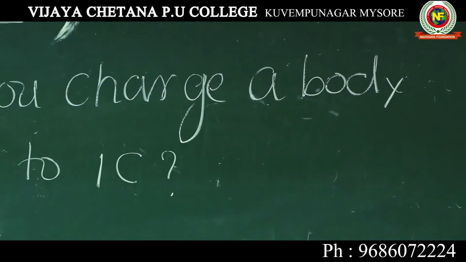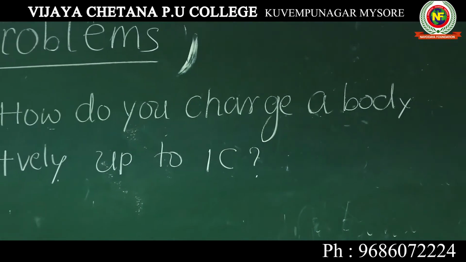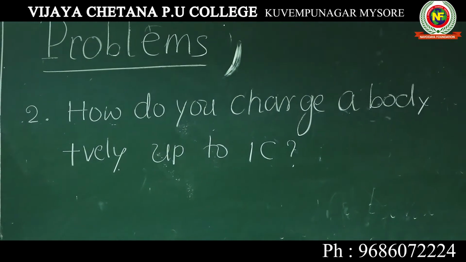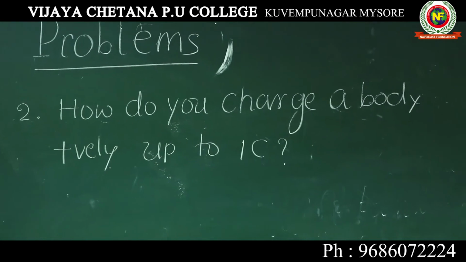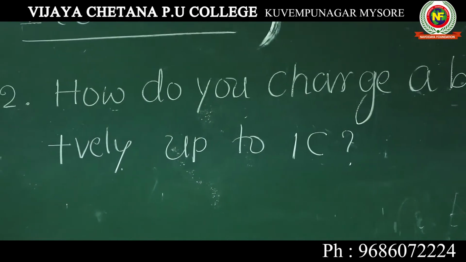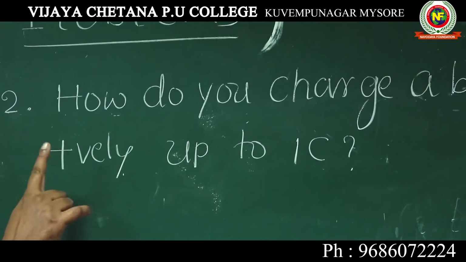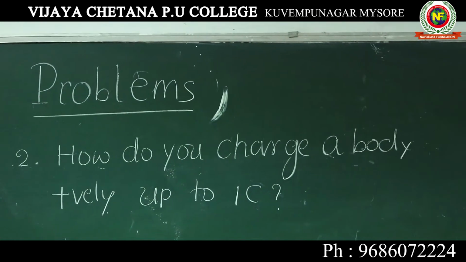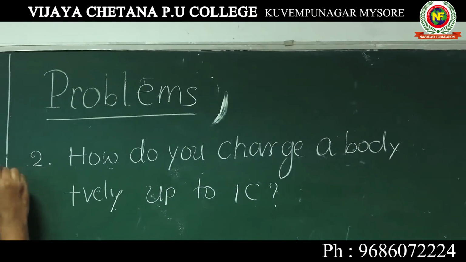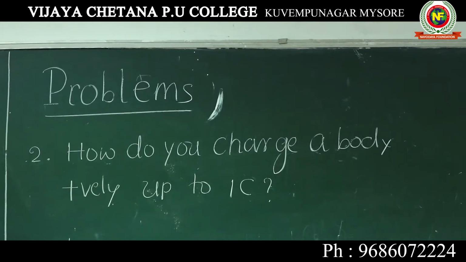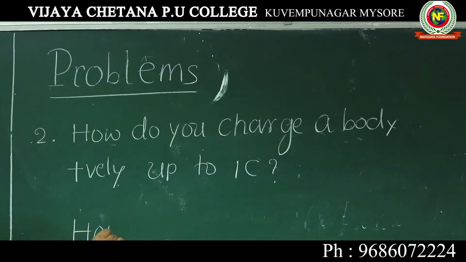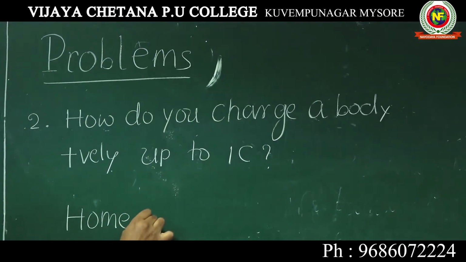This is for your work. One problem we have solved here. Of the same kind, I am giving you the second problem. You must solve this as homework and put the answer in the WhatsApp group.